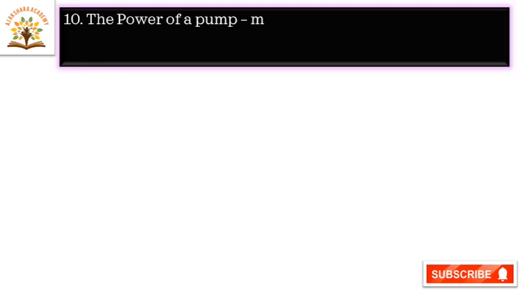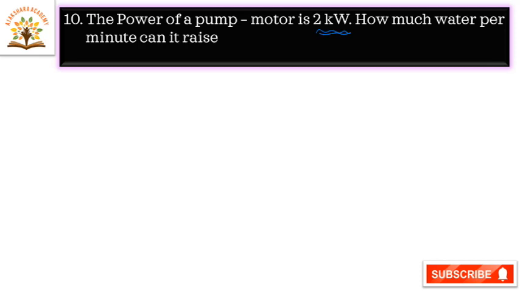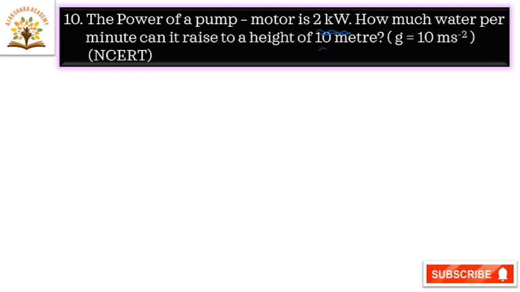The power of a pump motor is 2 kilowatts. How much water per minute can it raise to a height of 10 meters? They are given g is equal to 10 meters per second square. We have to calculate how much water per minute can rise to a height of 10 meters. Now let us go to the solution.